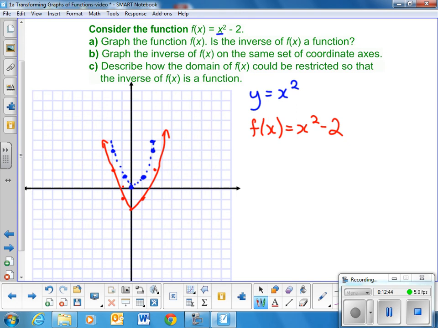So my key points are now the points -2 and 2, -1, -1, 0, -2, 1, -1, and 2, 2.